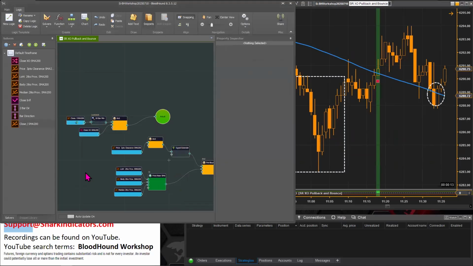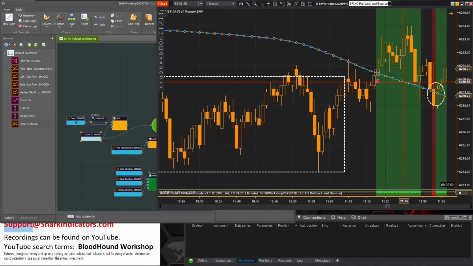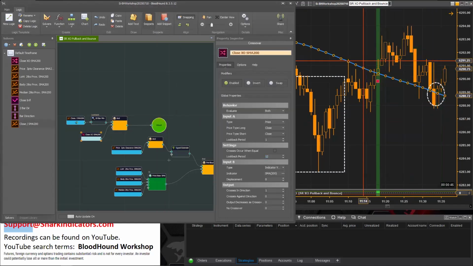And remember that previously, the way we set our crossover solver up, we had the look back set to 12. So that crossover signal was extended forward in time to give the market enough time to make that clearance, to pull away from the support resistance level. Well, we no longer have that 12 bar extension anymore.